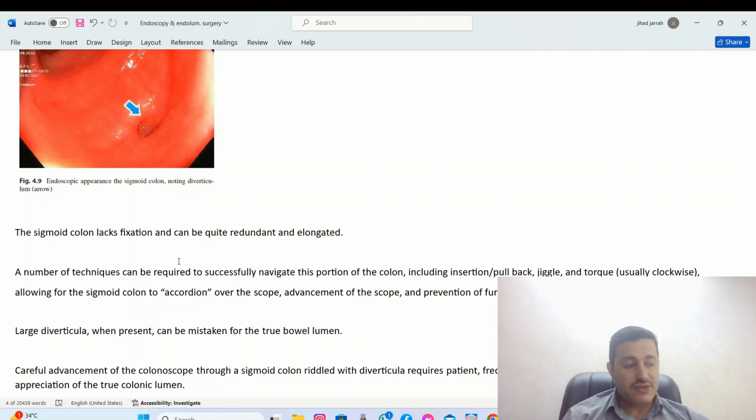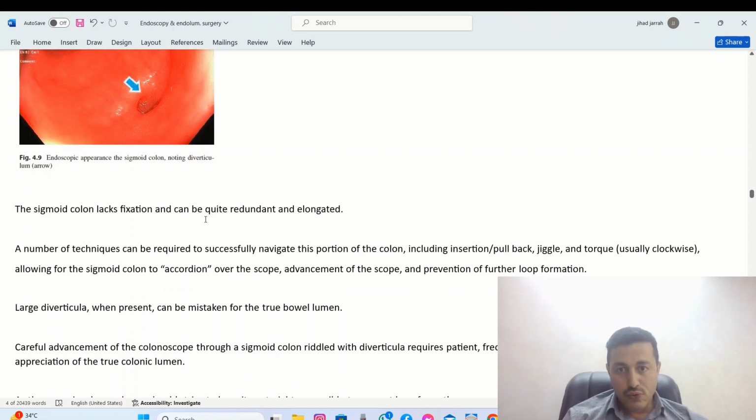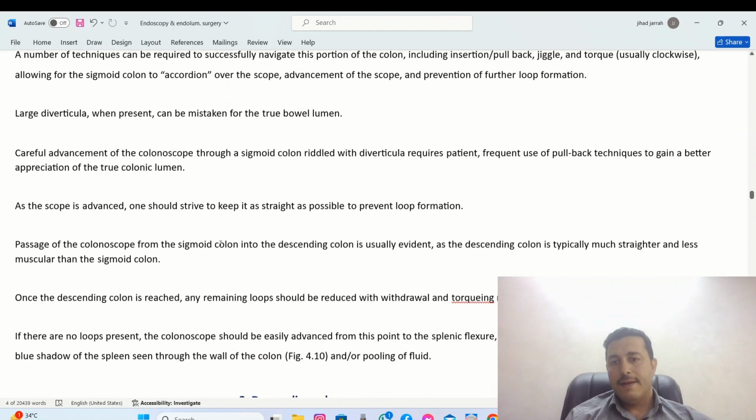The descending colon is straight with less muscular tone, so we reduce the loop and move until we reach the splenic flexure by simple maneuvers, torque and simple deflection of the tip.